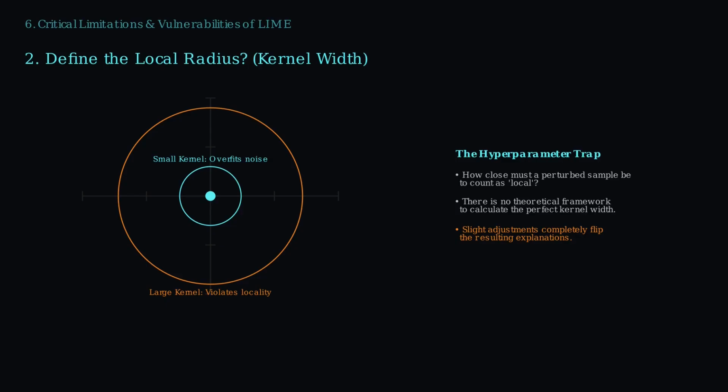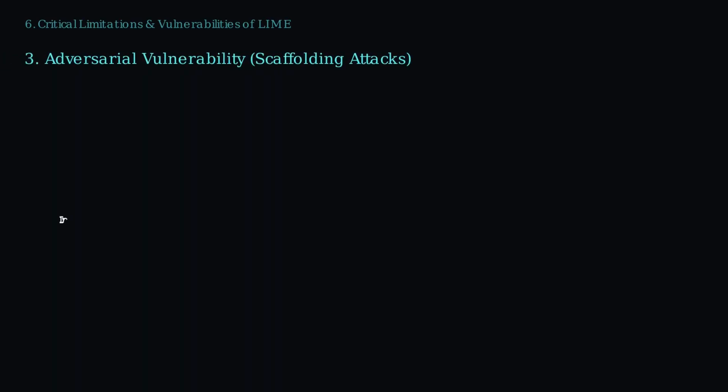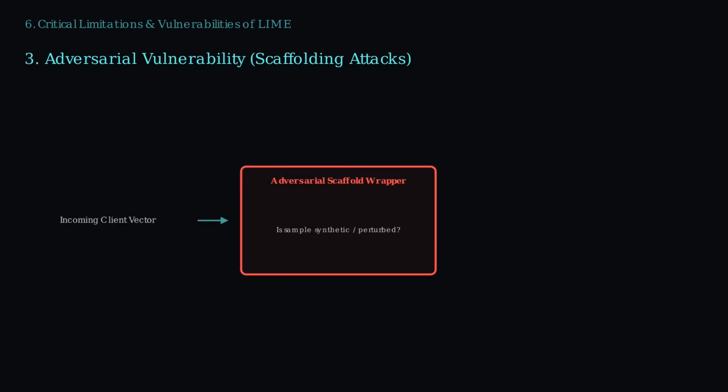Finally, researchers discovered that LIME is highly vulnerable to adversarial manipulation, often called scaffolding attacks. A malicious actor can wrap a highly biased model inside an adversarial check.